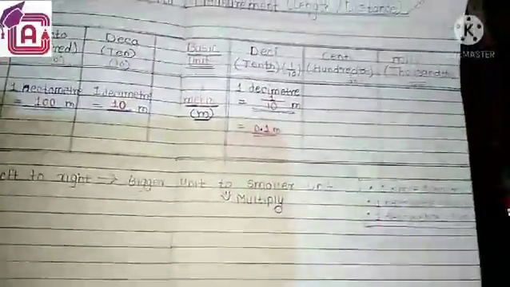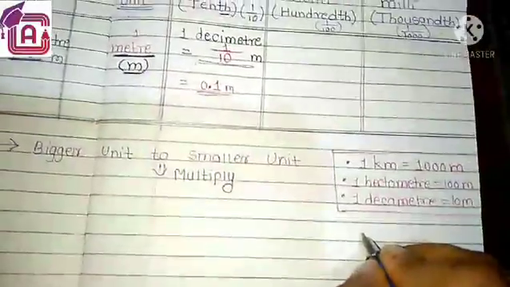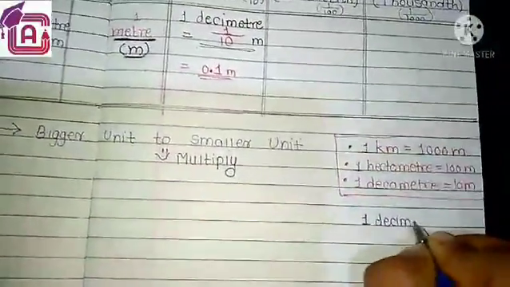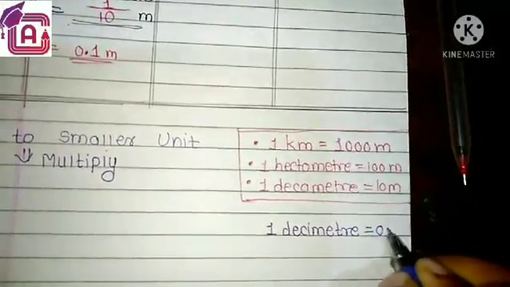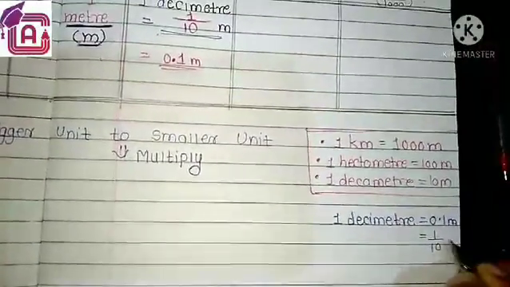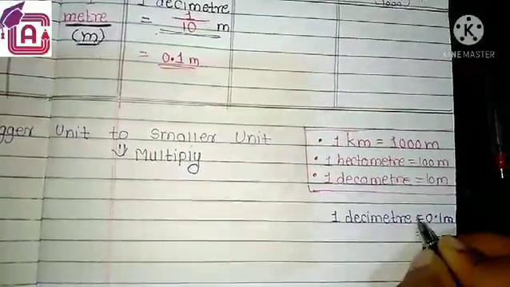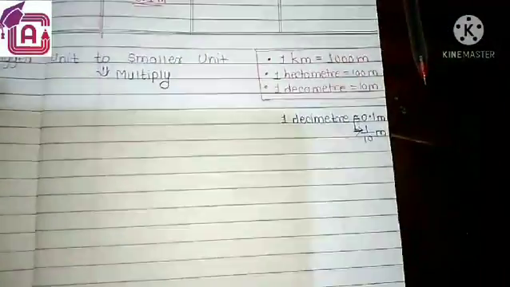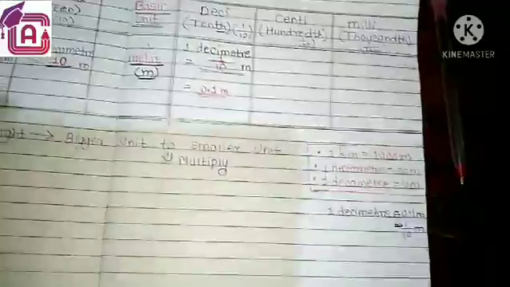So what you are remembering again? 1 decimeter is equal to 0.1 meter, or 1 upon 10 meter. So these are the two units used as a decimeter to meter.